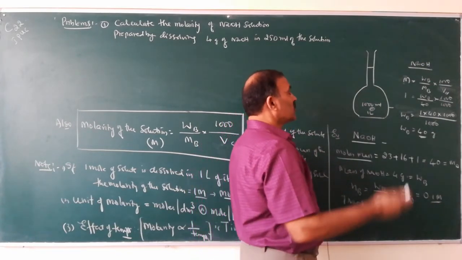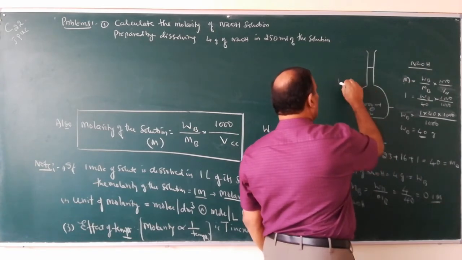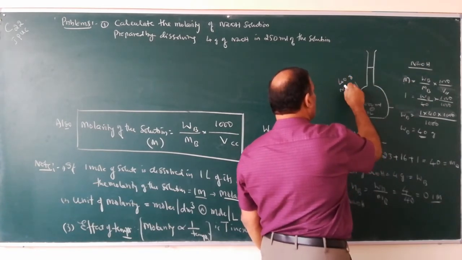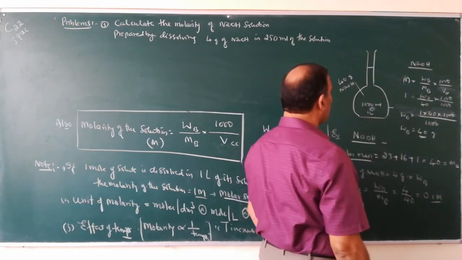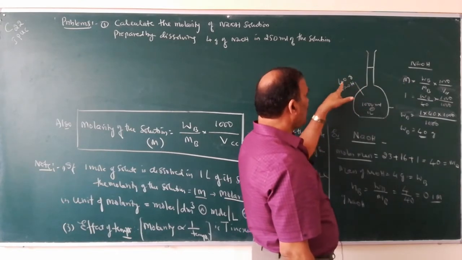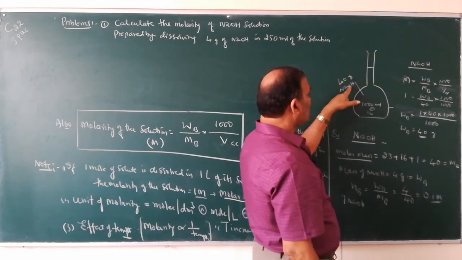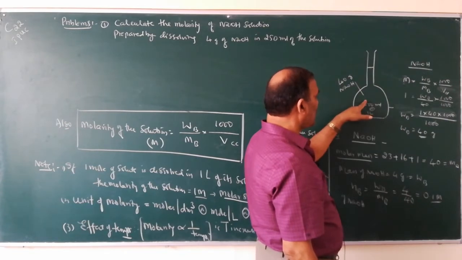So how to prepare 1 molar solution? Put 40 gram of sodium hydroxide into this flask, which is called a standard flask. Weigh accurately 40 gram of sodium hydroxide into this standard flask.